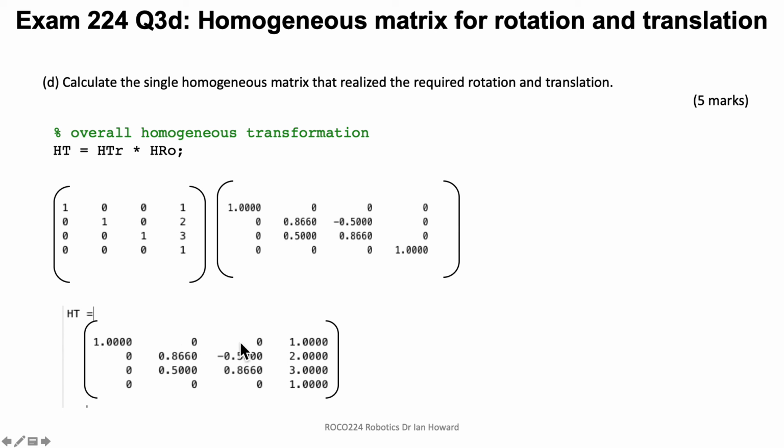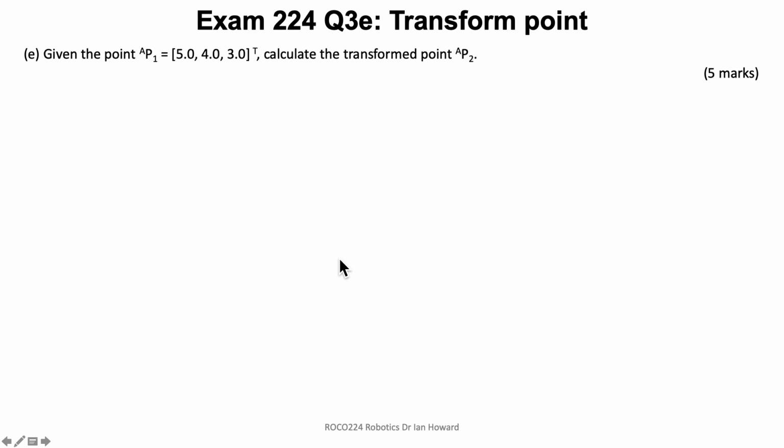It does first the rotation and then the translation, so you could directly type a rotation and a translation into a homogeneous transformation matrix, and it will do things in the order requested. If it asked you to do it the other way round, translation and then rotation, then you'd have to do the multiplication the other way round.